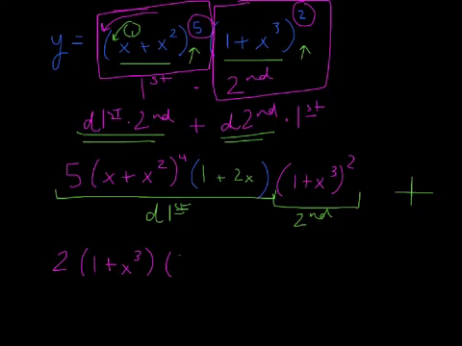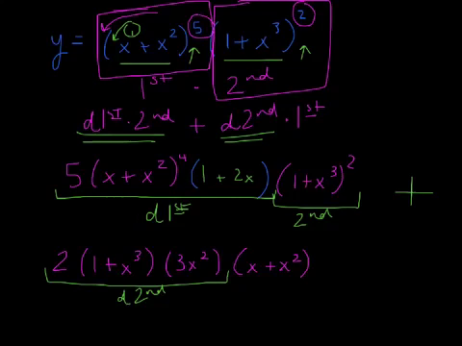The derivative of x cubed is 3x squared. Okay, all that is the derivative of my second expression. Now I multiply times the first, which is x plus x squared to the fifth. Okay, so I've checked my formula. I have all pieces of my formula here.